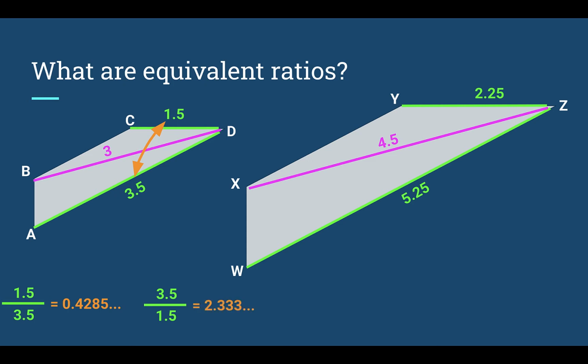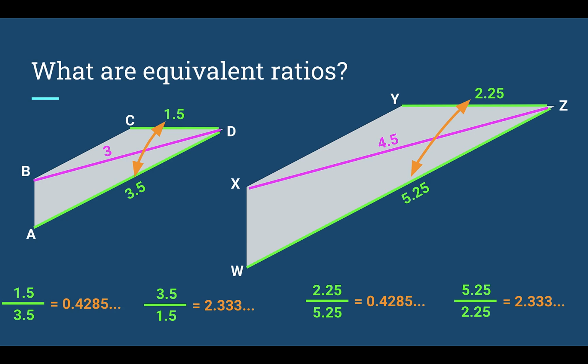If I check on the other shape, the corresponding segments are 2.25 and 5.25. If I compare those using the top line followed by the diagonal line, I get the same ratio, 0.4285, etc. Or switched, 5.25 compared to 2.25, which gives us 2.3 repeating.